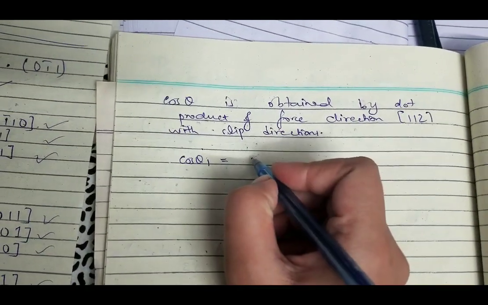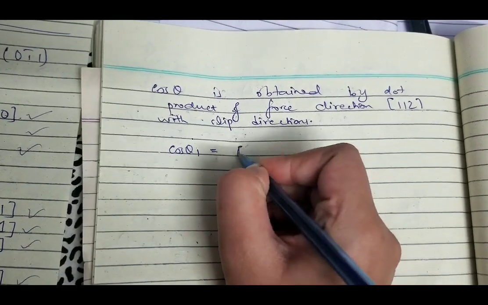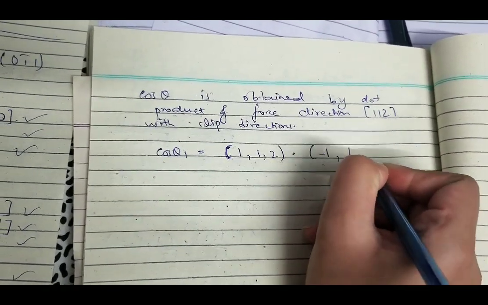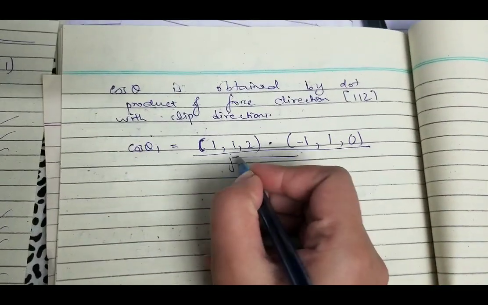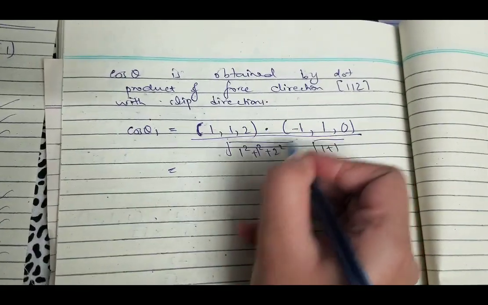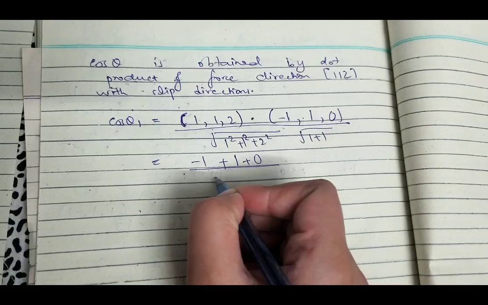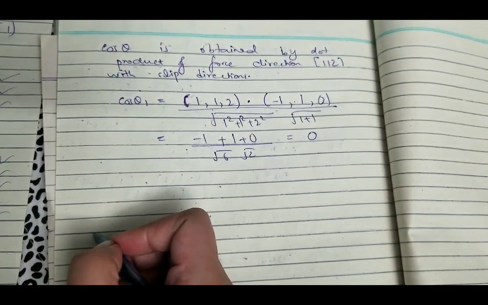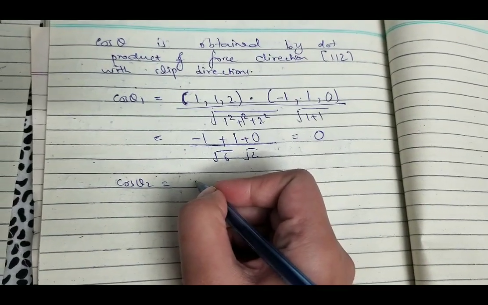So cos theta 1 for slip system 1 will be equal to the force, which is 1 1 2, its coordinates multiplied by minus 1 1 0, divided by their magnitude. 1 into minus 1 plus 1 into 1 is 1, 2 into 0 is 0. So it is 0.